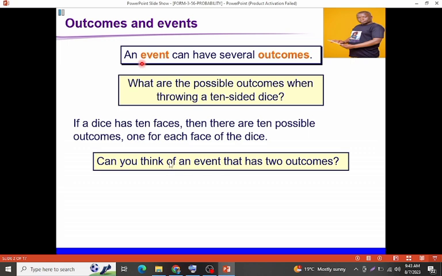So walking is an event, and lifting a left leg or a right leg when you start walking is an outcome. You cannot lift both legs at the same time. It's not possible. So the outcomes in that case are left leg or right leg being lifted first.